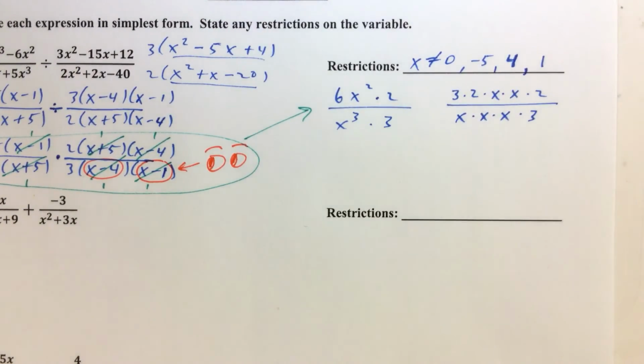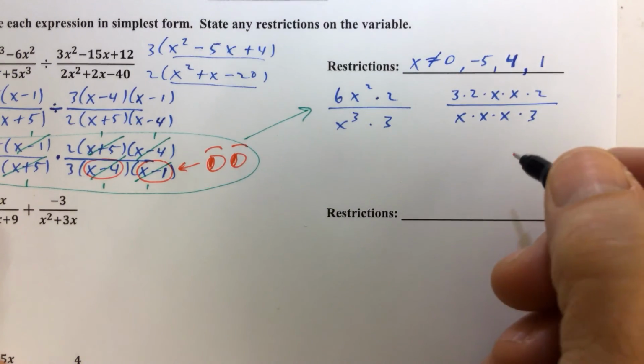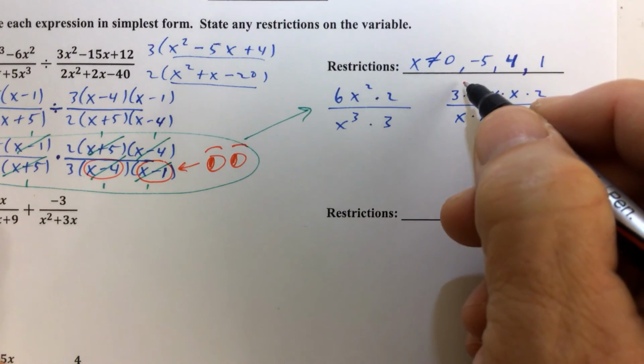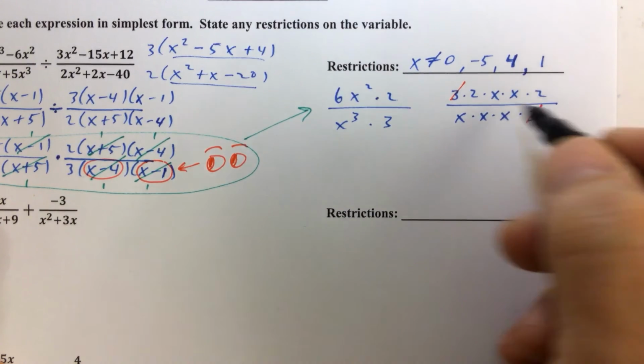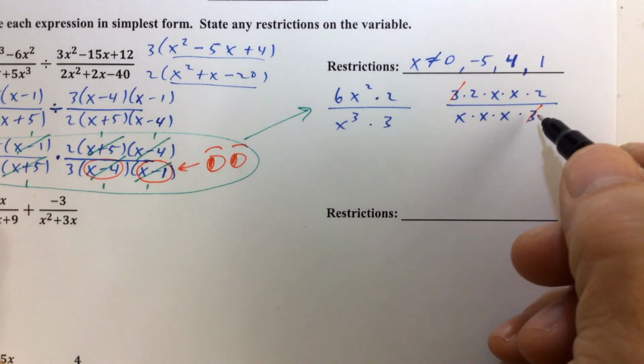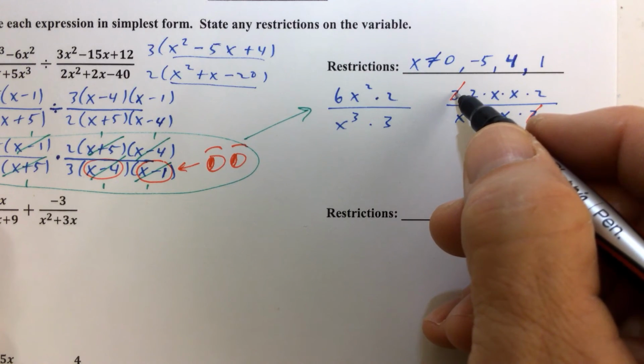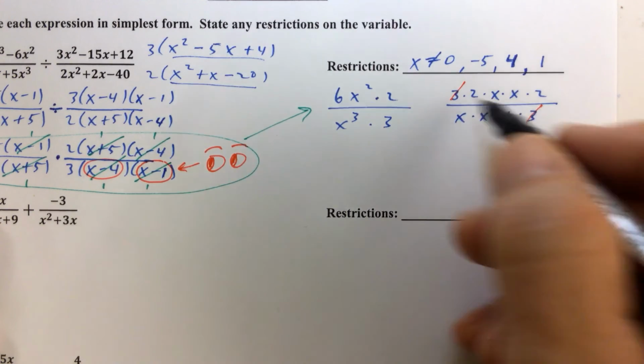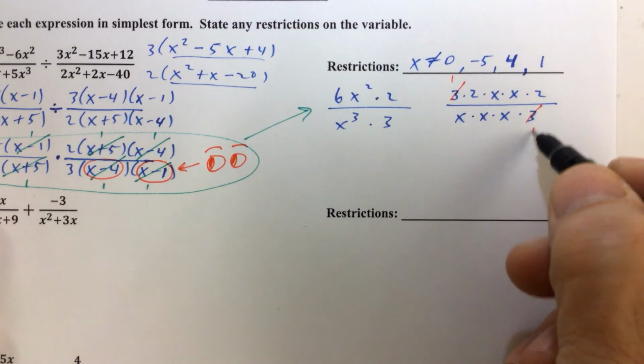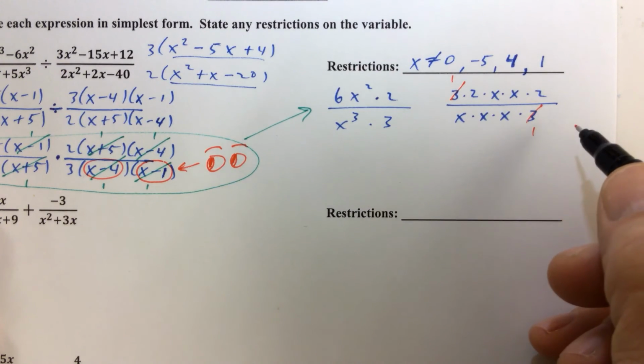This is when it becomes way easier to see what you can cancel, because anytime you have one factor on the top, in the numerator, as well as in the denominator, you can cancel them out and replace them with a 1.